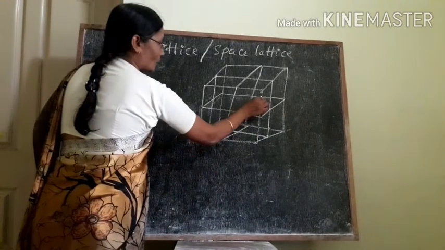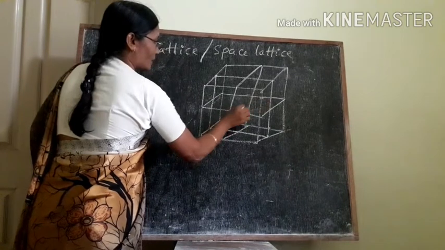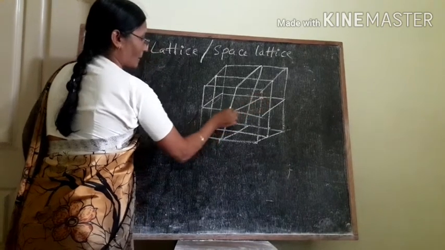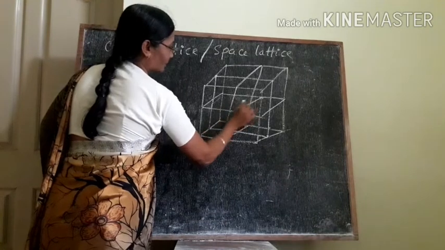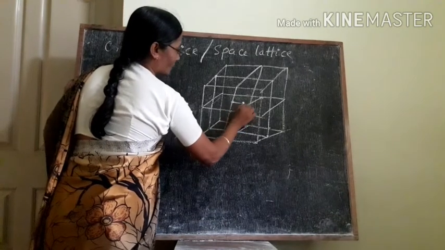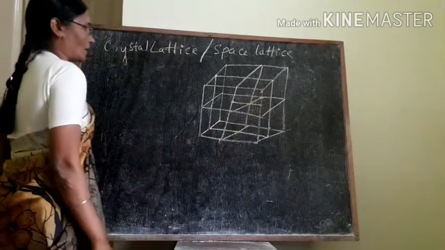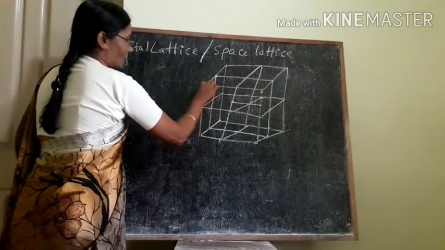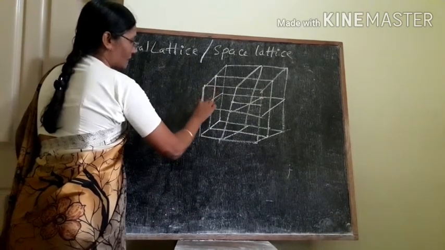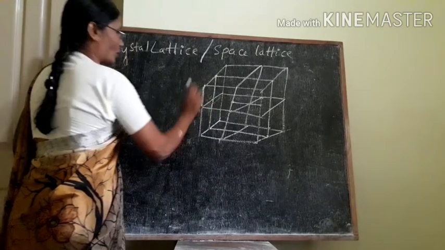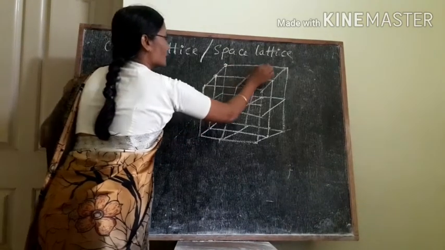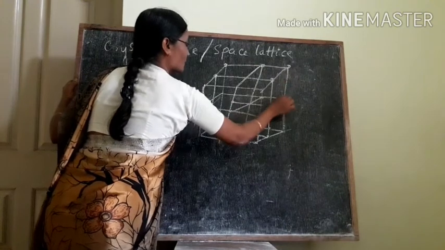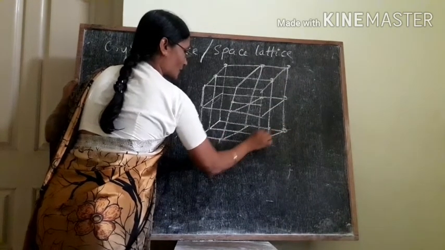Now we have to join this point and this point. And next is the center point. Here, in this diagram or solid, I will represent various dots.